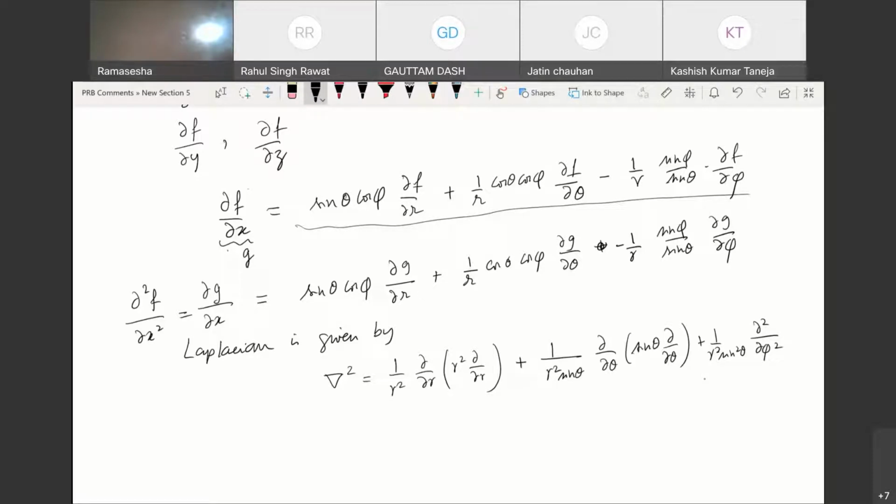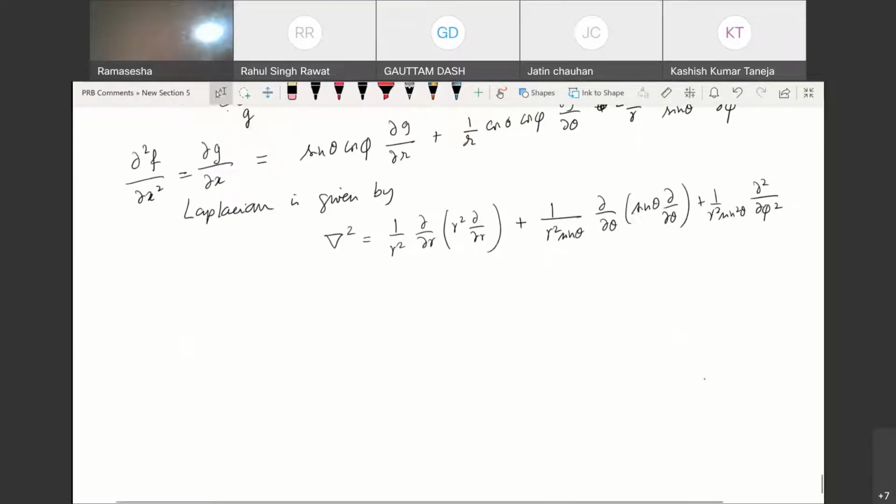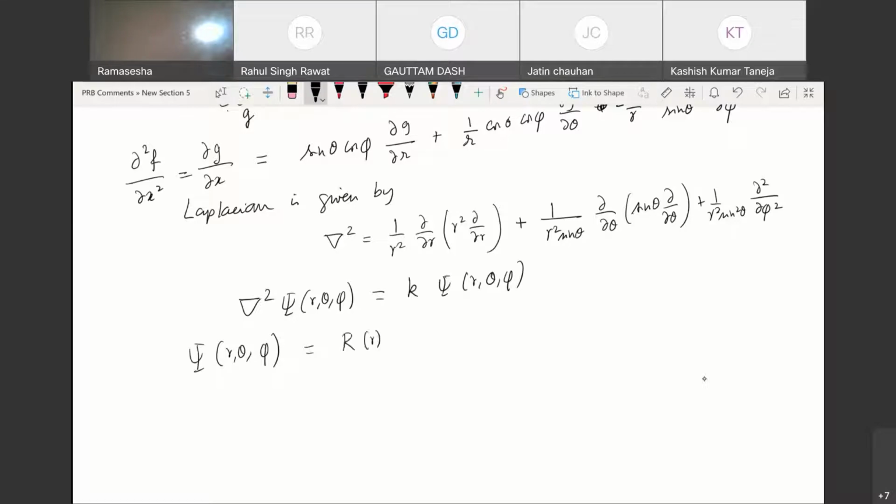Now, the solution for psi of r, theta, phi is equal to some k psi. Okay, so then what I need to do is separate the variables for x y z as R of r, Theta of theta, Phi of phi, and substitute into this equation.